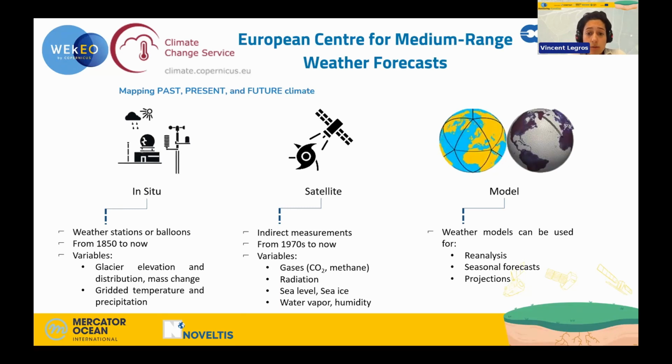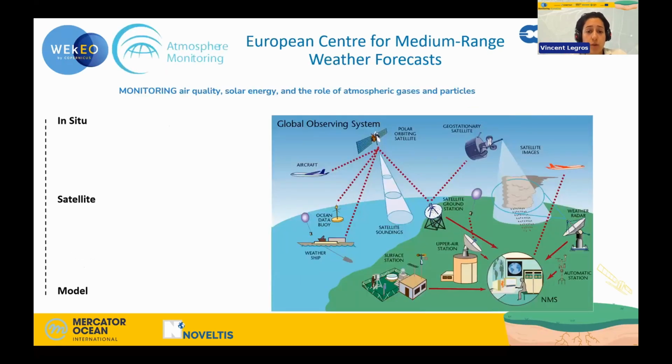It also provides in situ data, satellite and models, ranging across different temporal and geographical coverage. Here you have just a few examples of the variables you can find from each type of data. These direct observations are also used to produce reanalysis, forecasts, and even very long-term projections, normally many years into the future.